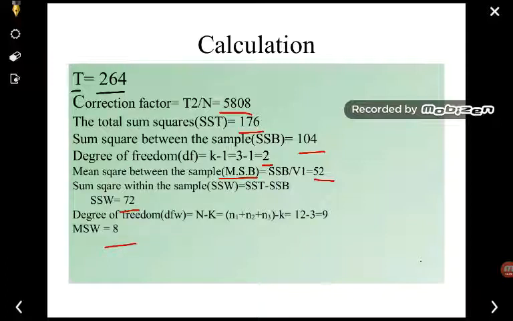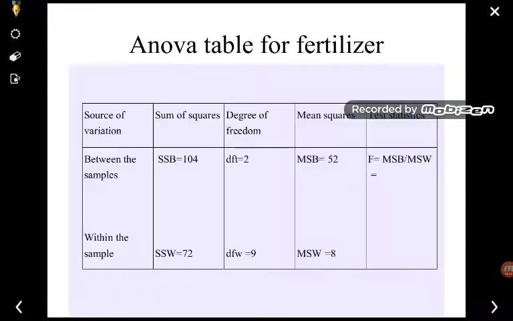So we got all these values after the calculation. We have to tabulate all these values and then find out the F. You can find certain columns. First is the source of variation. Between the samples and within the samples are the two sources of variation. Sum of squares, that is SSB and SSW, we have calculated.